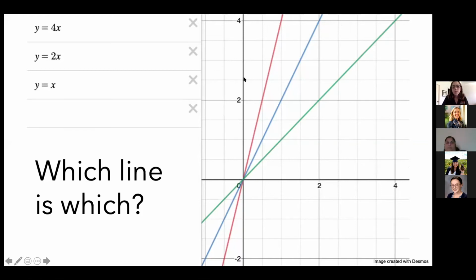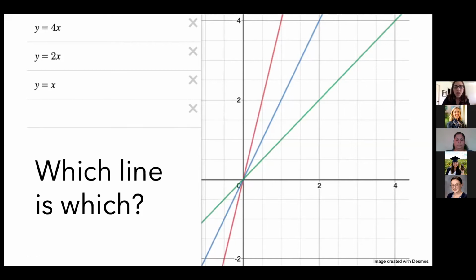With the participants, there's going to be a yes and a no button. If you click the yes, that means you're volunteering to answer. So click that yes if you want to answer which line is y equals x, and I will see whose hand goes up. So another way to have the students volunteer online is just to have them do that.